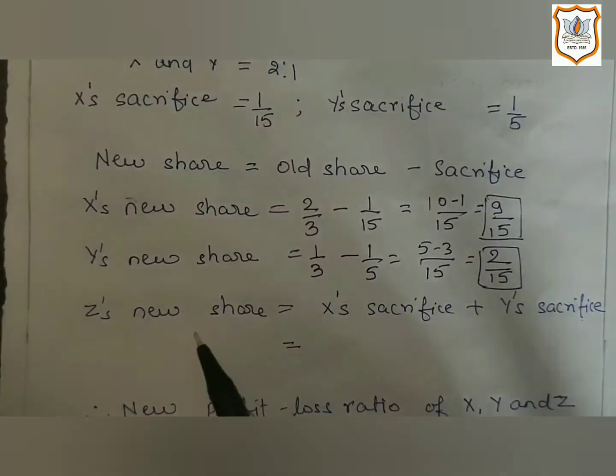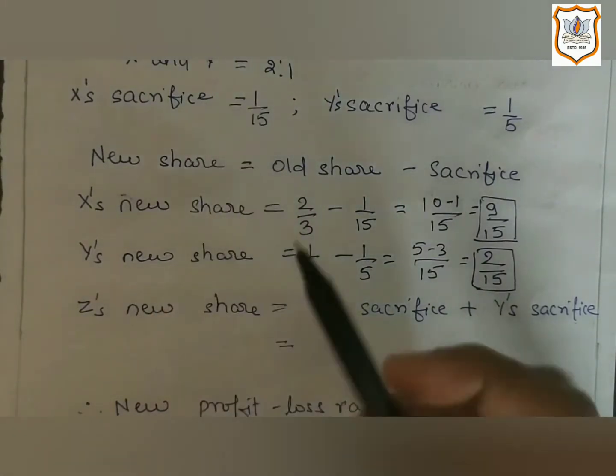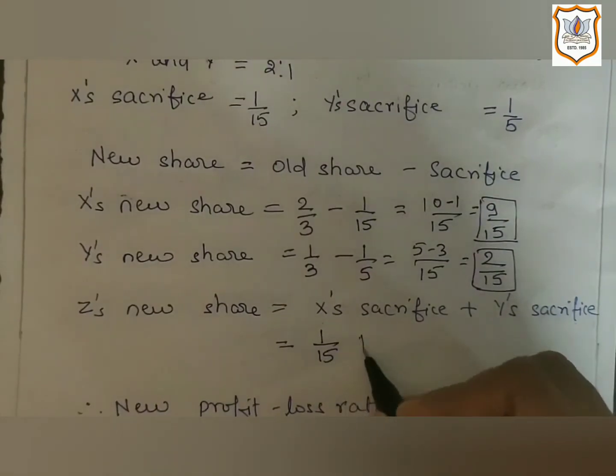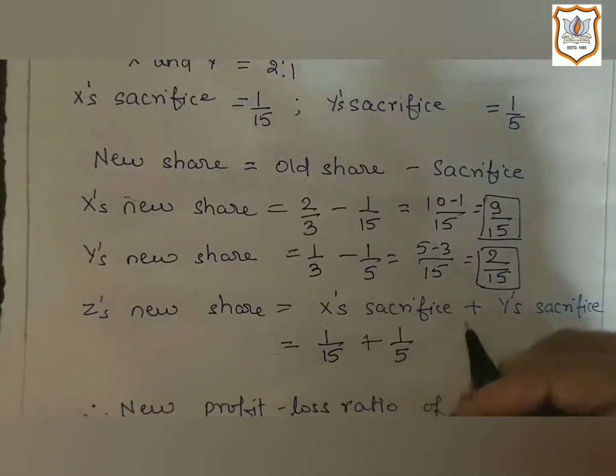Now Z is new partner. So Z will be getting whatever X has sacrificed plus whatever Y has sacrificed. So here X has sacrificed for Z 1 by 15th share plus Y has sacrificed 1 by 5th share.